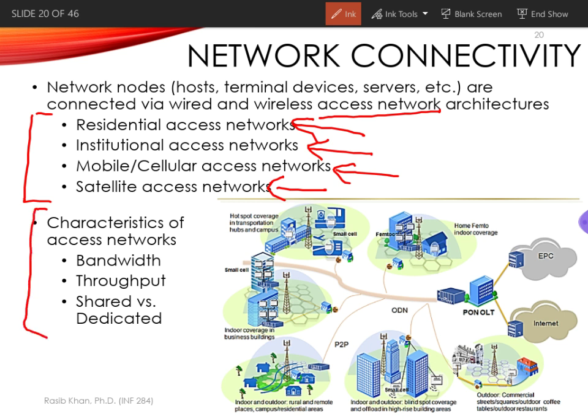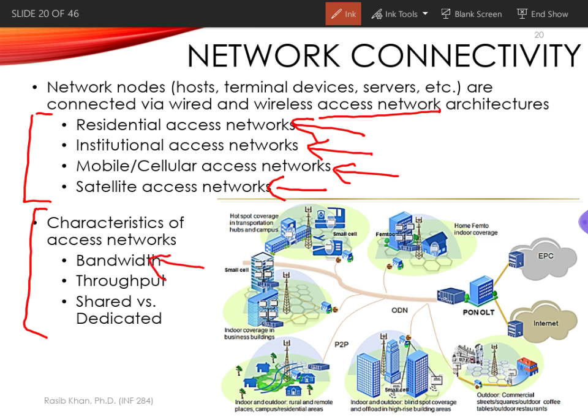No matter which access network you're referring to, all of these are defined with respect to specific characteristics, and the characteristics of the access network define how the end users or the end devices would experience the connectivity.